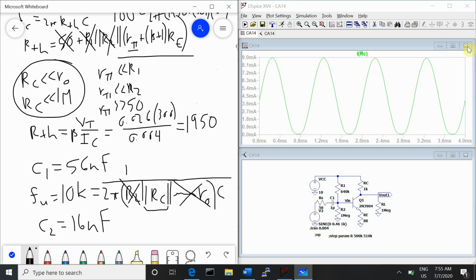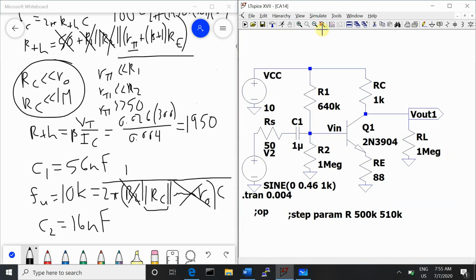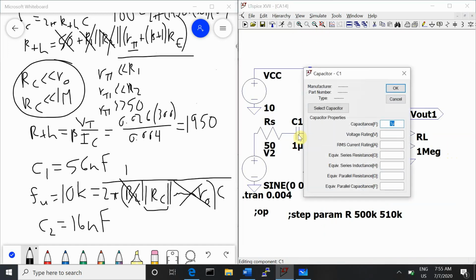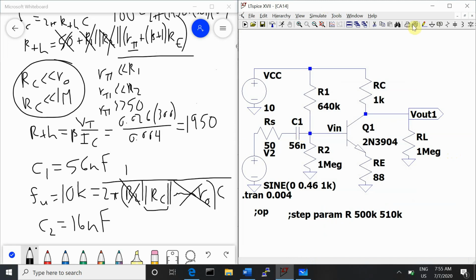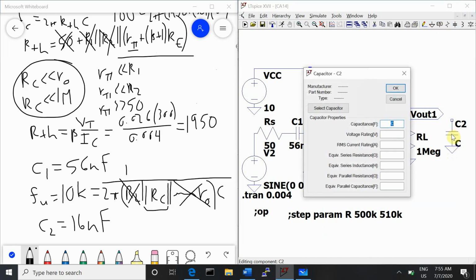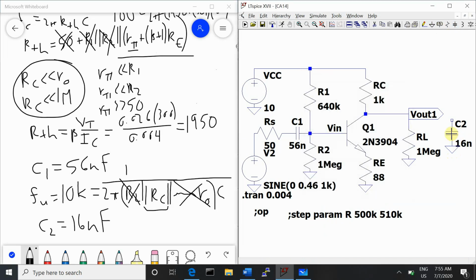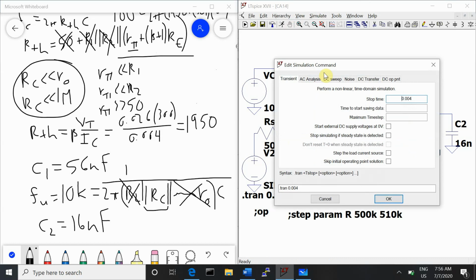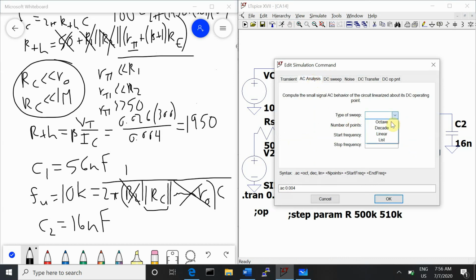So now we'll jump over to LT Spice and plug in those values. So we'll change C1 to 56 nano, set C2 to 16 nano, and then we will do an AC analysis in order to check that our corner frequencies are what we want them to be.